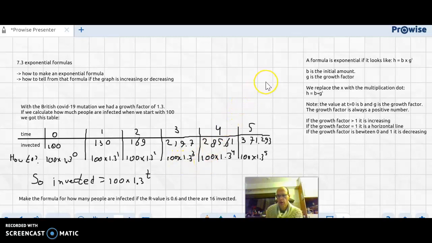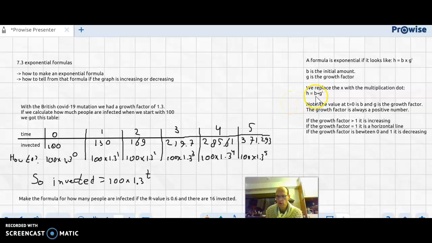As you know, we had some problems with me writing x, as it could be a bit confusing whether the x was the letter x or the multiplication sign. That is why we replace it with the multiplication dot. So I will always write it down from now on as H is b dot g to the power of t.